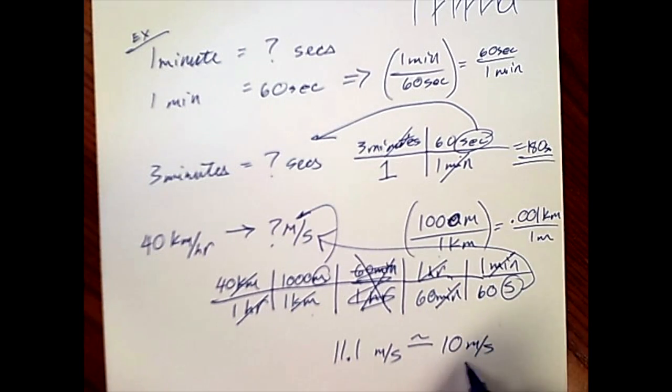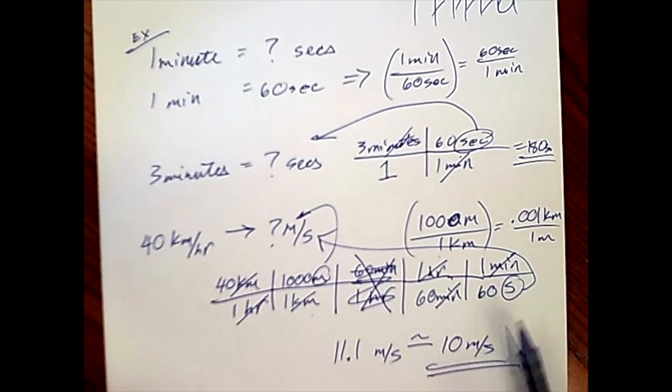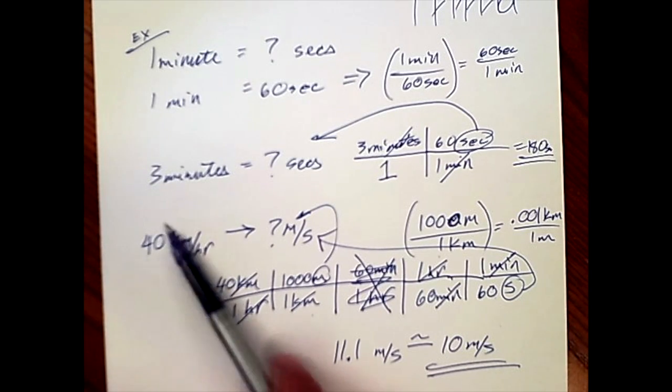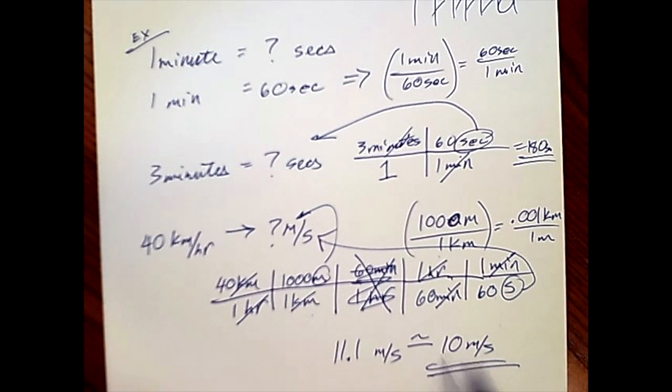And that brings up what I forgot yesterday. Third rule. 60 seconds in a minute is called an exact value. Exact values have an infinite number of significant digits. In other words, if this had 4 significant digits, then your answer should have 4, despite the fact that it looks like everything else in the problem only has 1.